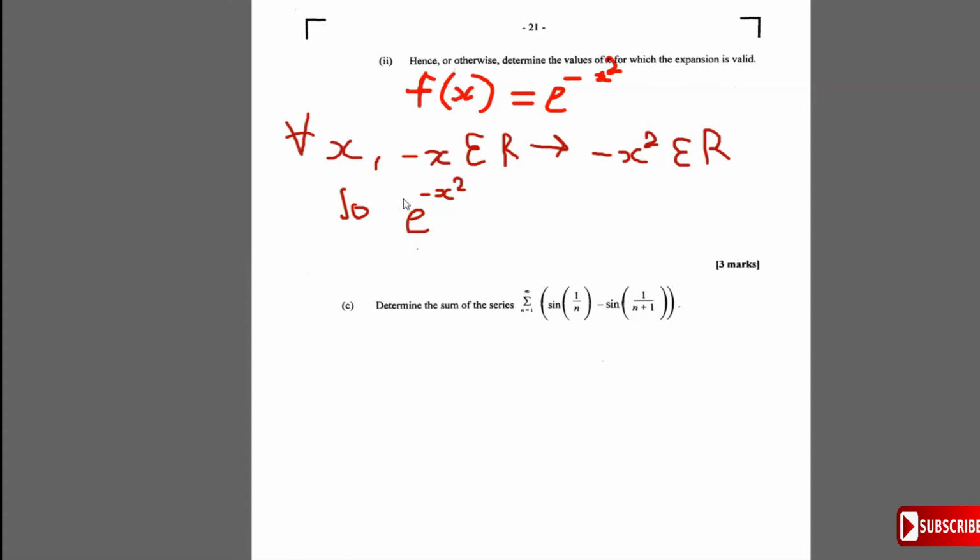E to the minus x squared will always give you some positive number. This will always be greater than 0 no matter what x is.